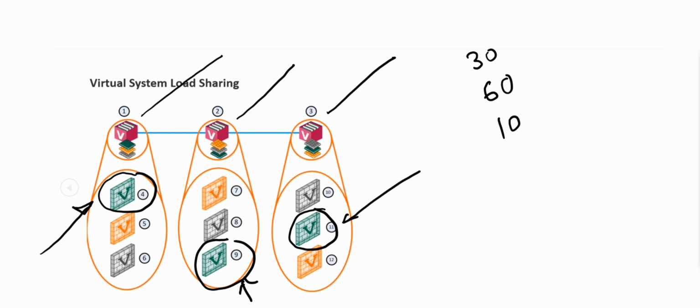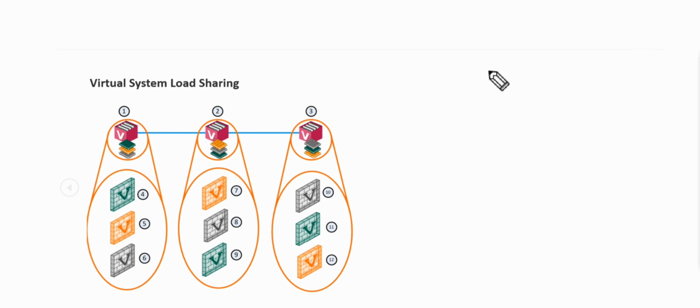This setting you can do by manually changing all this, but when we set up virtual system load sharing, by default equal load distribution happens. So every machine here will take load as per the algorithm setup.